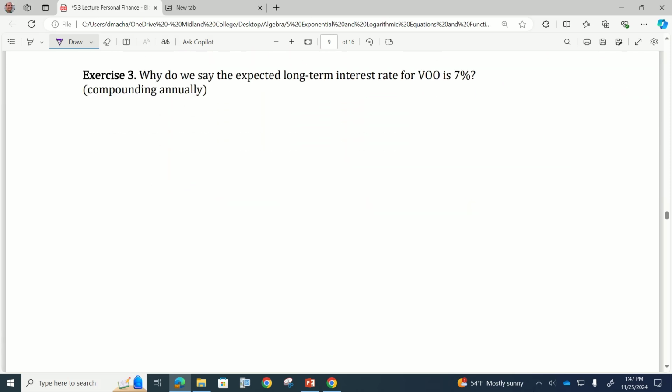Now, I said this earlier. I said if you happen to get a stock market ETF, which is an exchange traded fund, then you can expect a long-term growth rate of about 7%. VOO is an acronym.